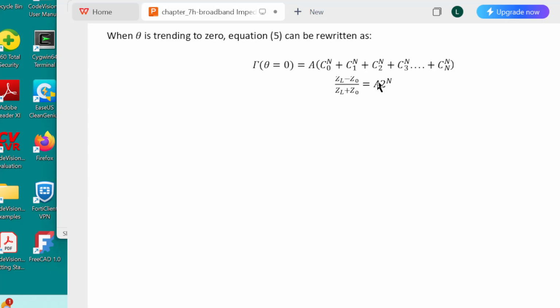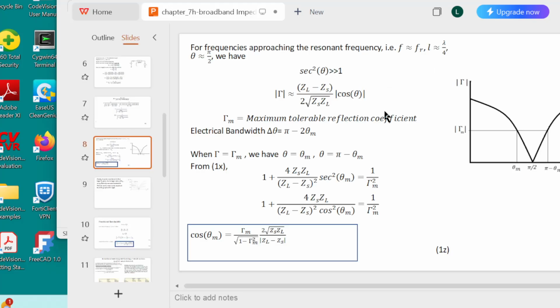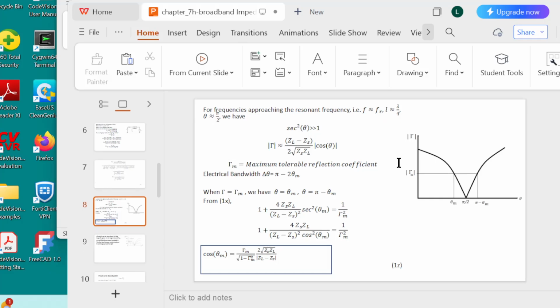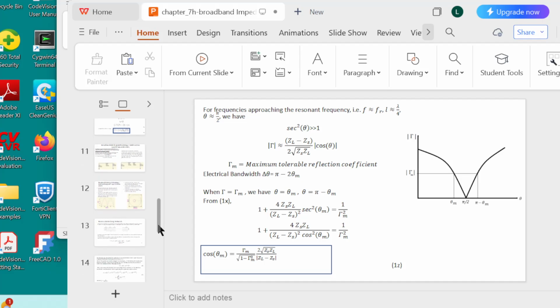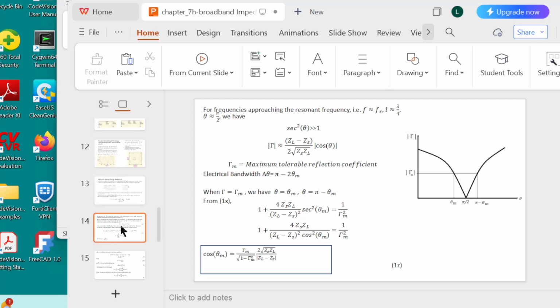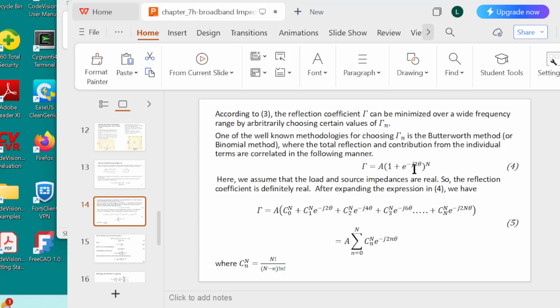The right side, A times 2 to the power n. Perhaps I need to tell you how we can get this. Remember, I told you before, when theta is 0, e to the power 0 is 1.